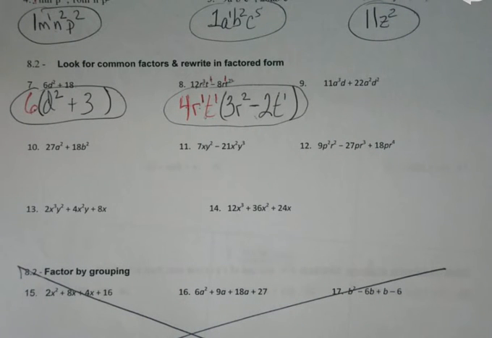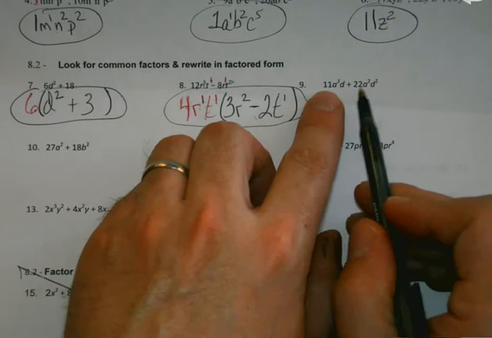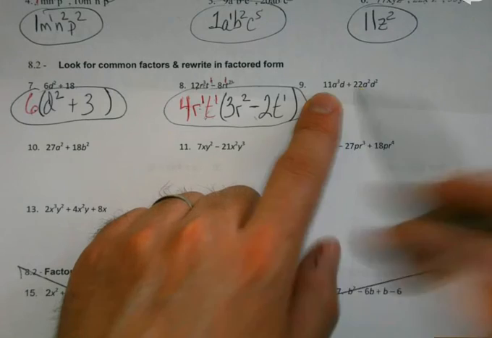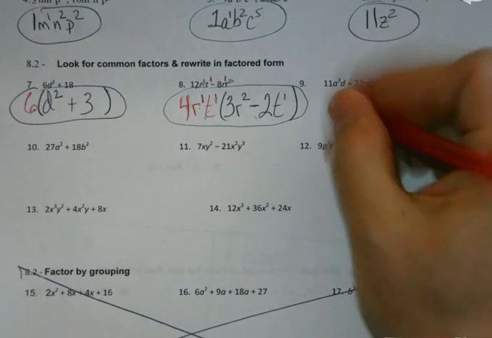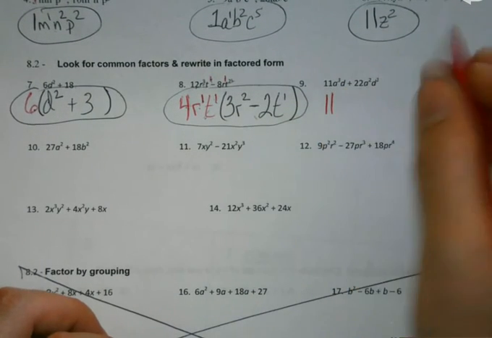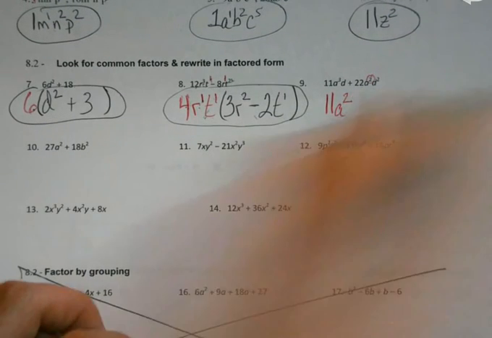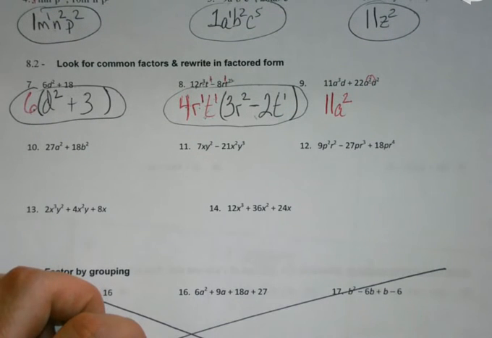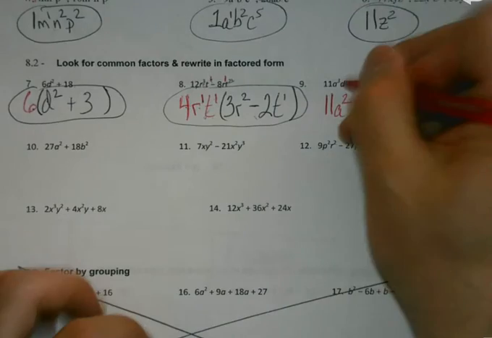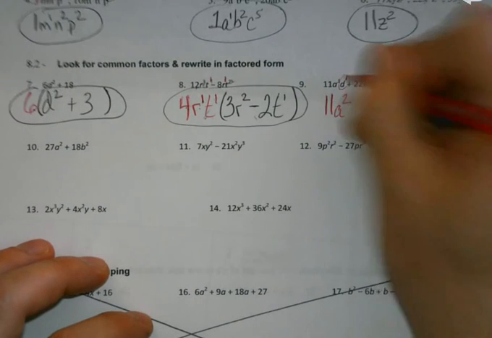So then we get up to 9, and we might start bouncing around a little bit here in a minute. We'll see. Okay, 11 and 22, my chart would help me out on this one. It's going to be 11. Smallest exponent on A is A squared. What about D? Just D, because that's my smallest one.